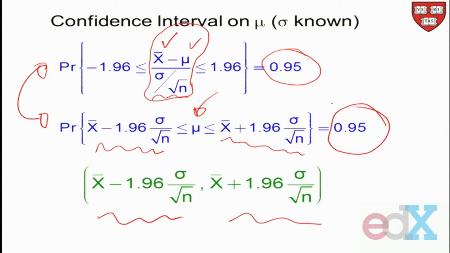Okay, is that all we can say about it? No. This interval will cover mu 95% of the time. So we've got this mu is fixed, and now we calculated this interval.